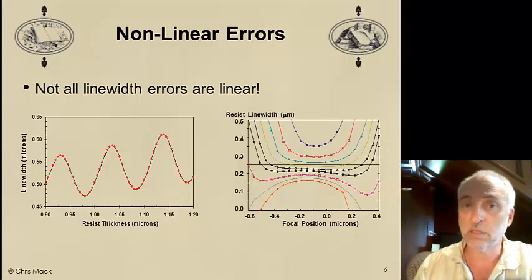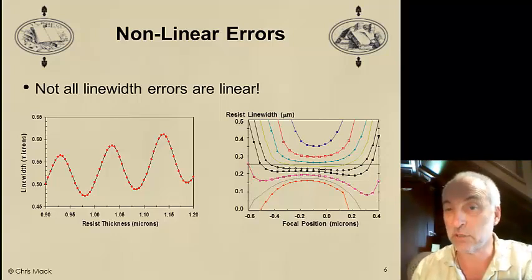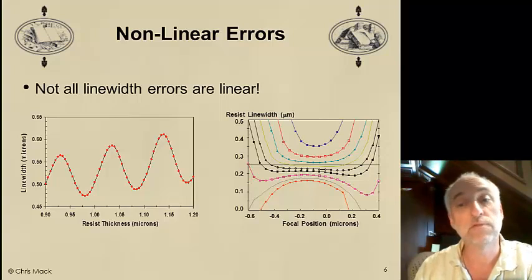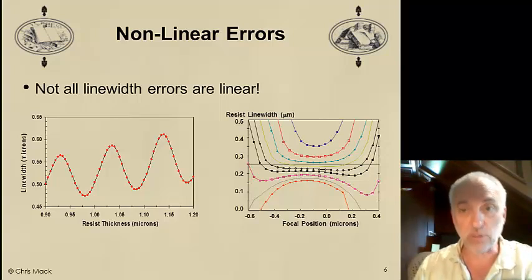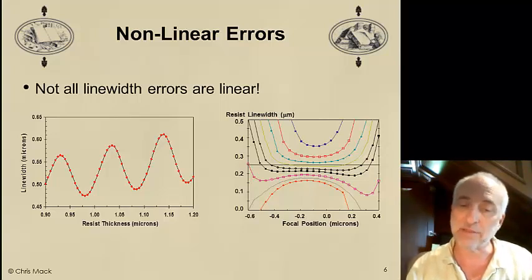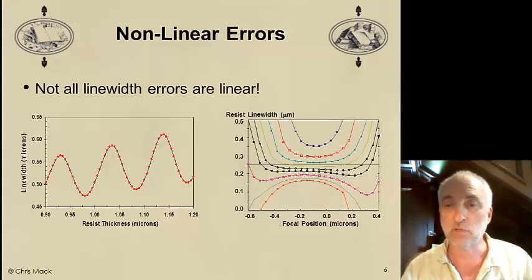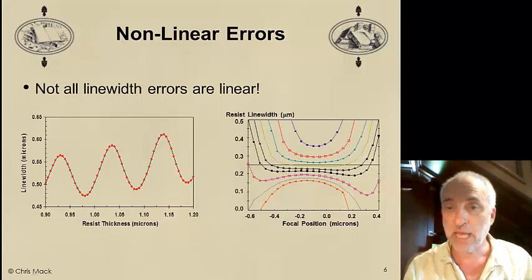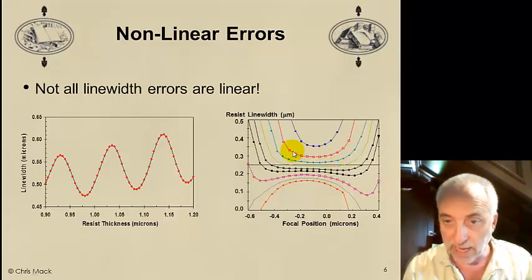Another variable that produces a quadratic error in feature size is focus. When I go out of focus, plus focus errors and minus focus errors produce just about the same result, and there's a minimum at best focus. So if I look at line width versus focus, for example, here, it's approximately quadratic.